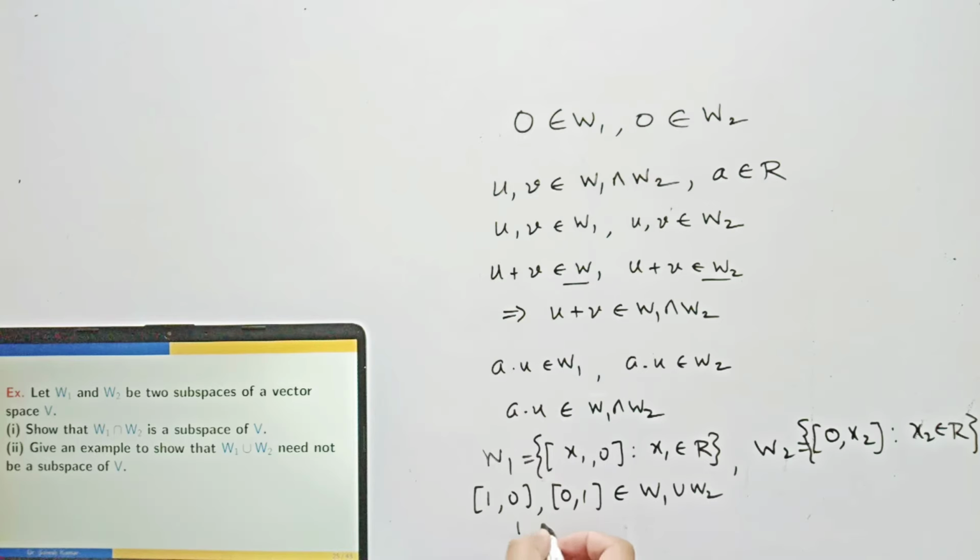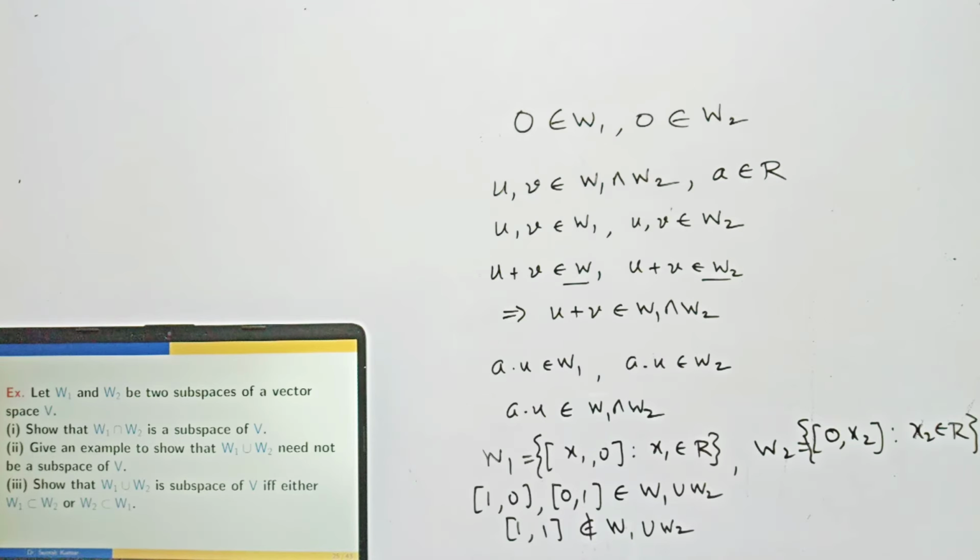But what is the sum of these two? (1, 1), that does not belong to W1 union W2. Because any member in W1 union W2 carries ordered pairs where either the first entry is 0 or the second entry is 0. So closure property with respect to vector addition is not satisfied. So W1, W2 are subspaces of R2, but W1 union W2 is not a subspace.